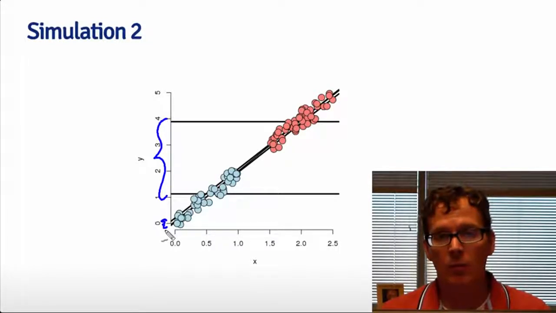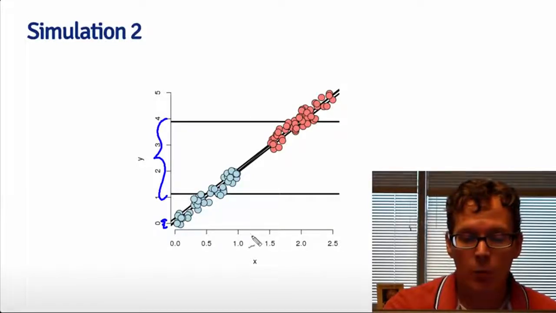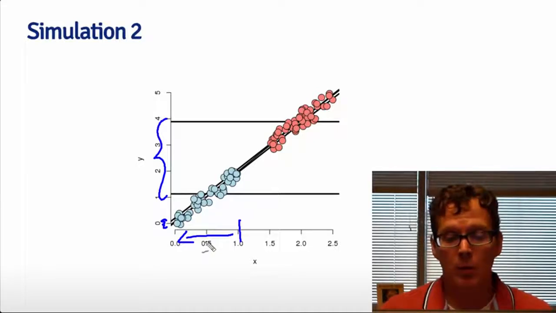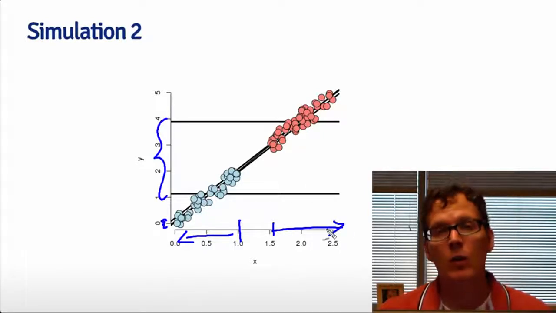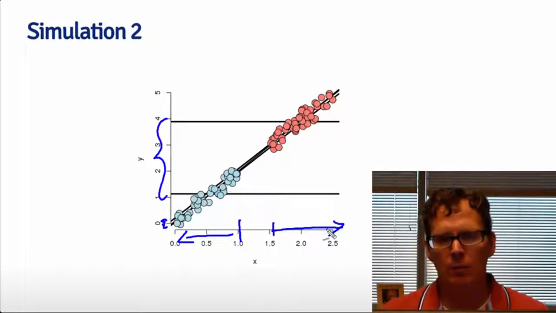Another thing I would note about this particular data set, if we knew that the X value was 1 or smaller, we know that you're in the blue group. And if we know that you're about 1.5 or higher, we know that you were in the red treated group. So knowledge of X at some level pretty much gives us perfect knowledge of which treatment you received.